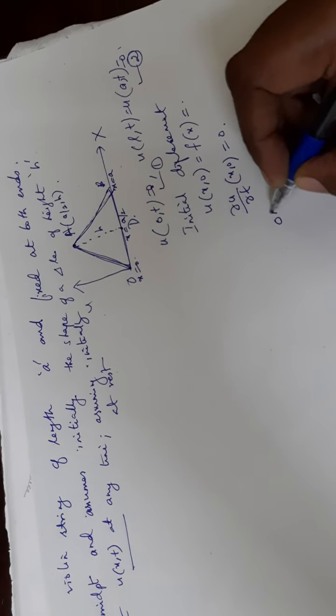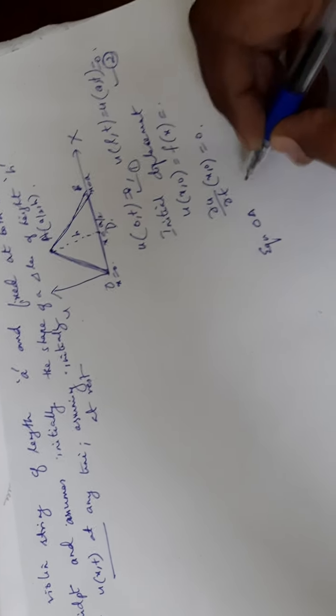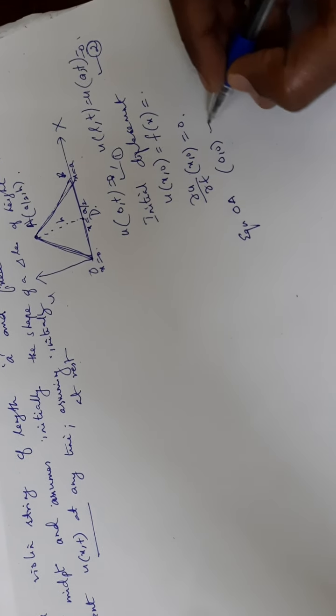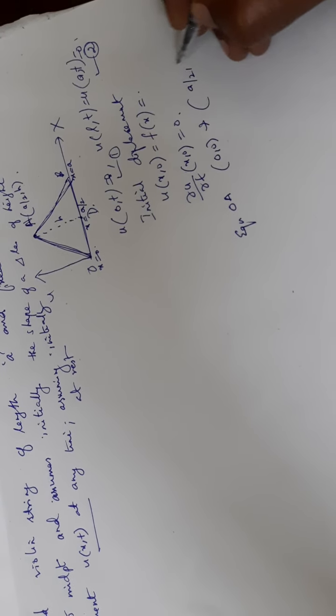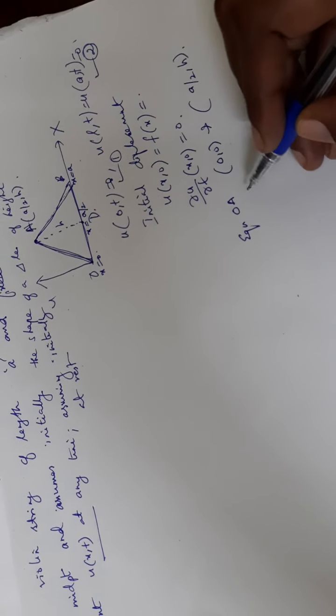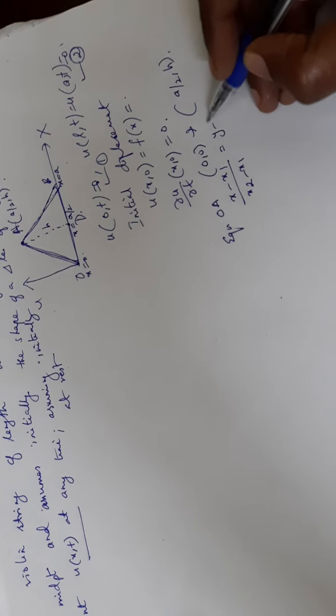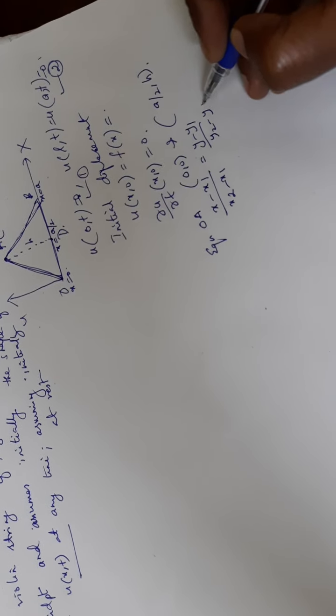So what is OA? The equation of OA is the equation connecting O and A, that is (0, 0) and (A/2, h). It is (x minus x1) by (x2 minus x1) is equal to (y minus y1) by (y2 minus y1).